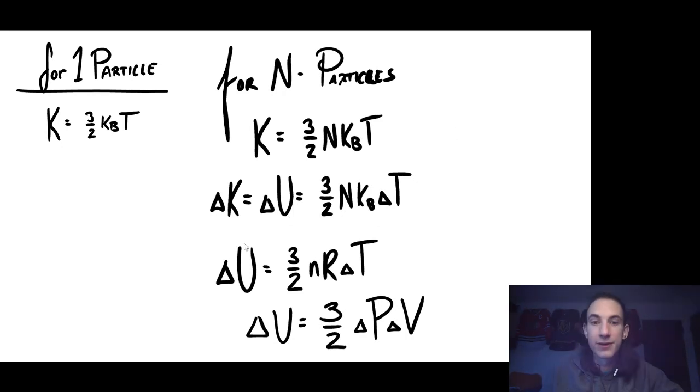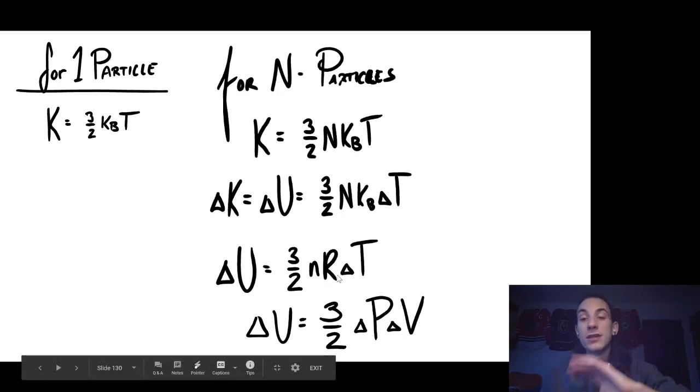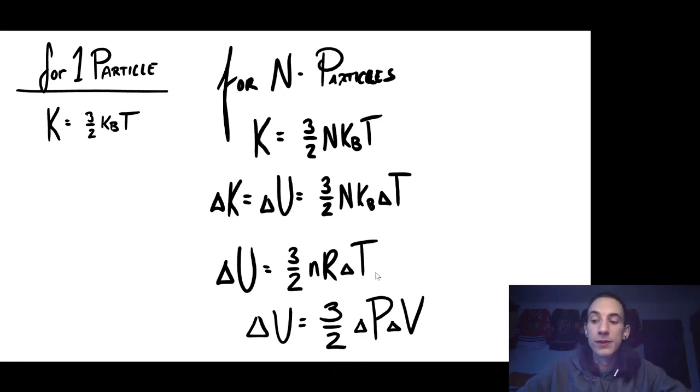We can say the change in internal energy is equal to 3/2 times n times R times delta T. Or, since nRT is just our ideal gas law, equal to PV, nR times the change in T is the change in pressure and the change in volume multiplied together. So these are two equations where we can find the change in internal energy. Again, I'm still not sure if we need to do that or not, but we'll roll with it.